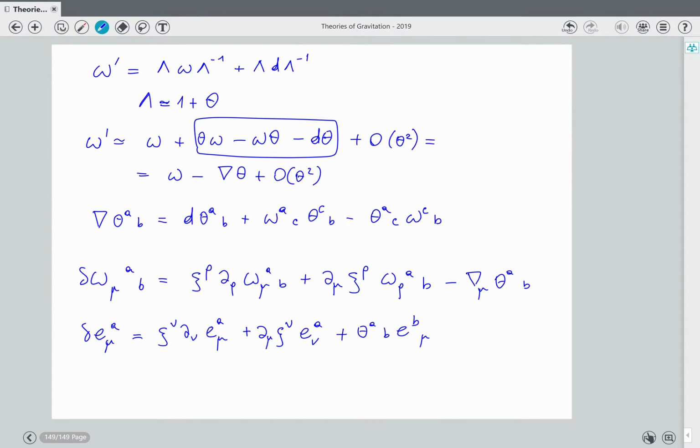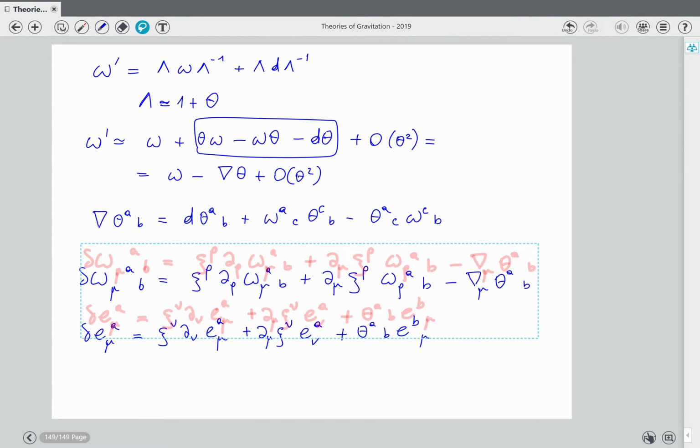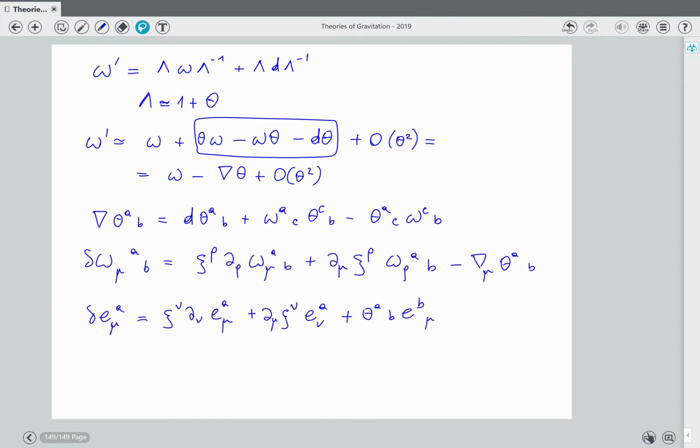And then we can write something we already know, but it's better to write it down from here. That is the infinitesimal transformation of the metric tensor, and that is derivable from the one of the spin connection by the relation between the metric and the spin connection.